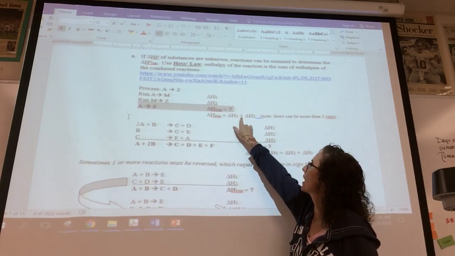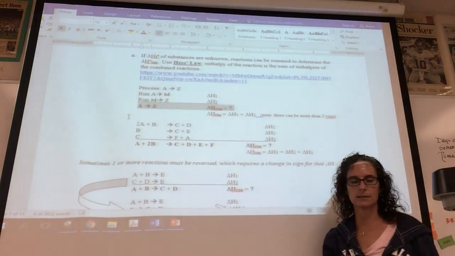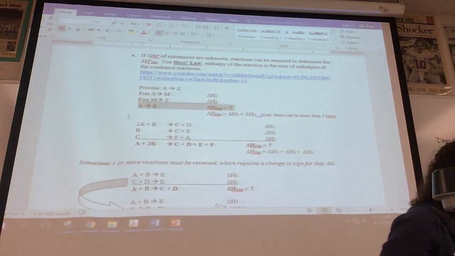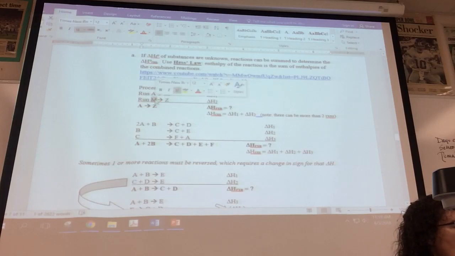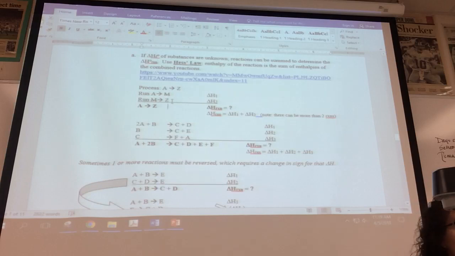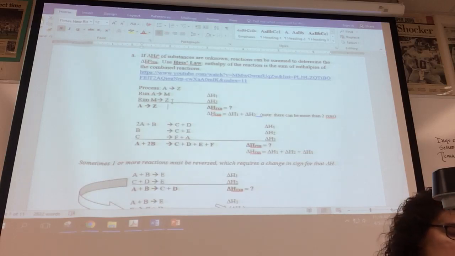So using the sum of, I can get this. And when you're working this, if you see the same substance, that is M here, on opposite sides of two equations, and the coefficient is the same, then the M cancels.